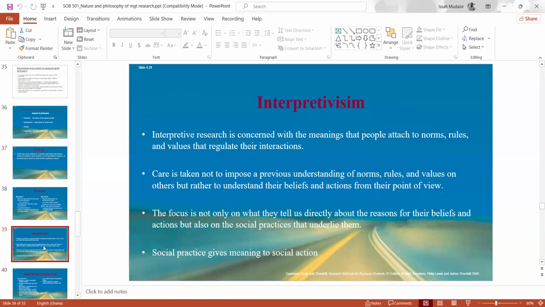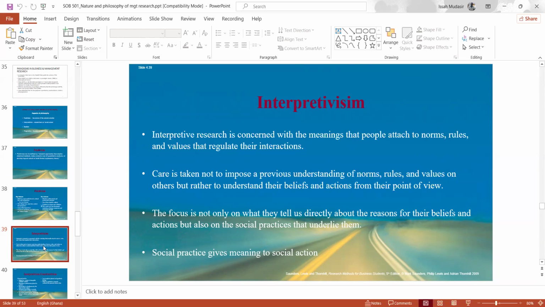So the quantitative people, what they try to do is to develop universal laws. One of the key tenets is that the research must lead to what we call generalization. It must apply to every situation. That's the typical positivist view.